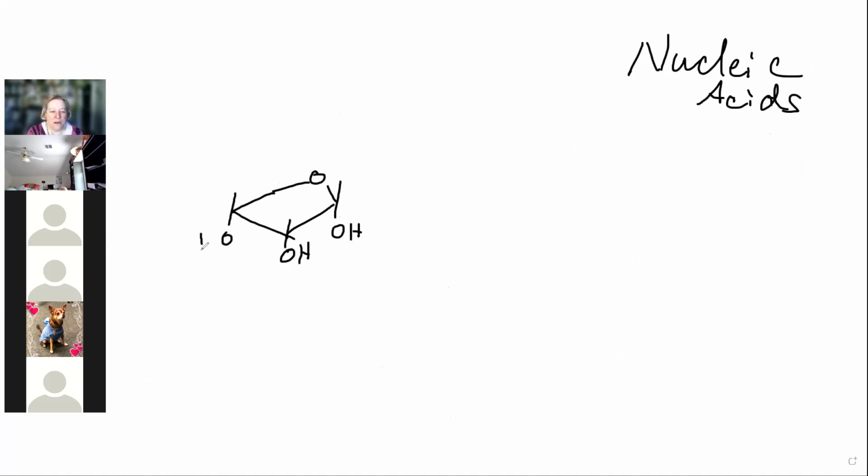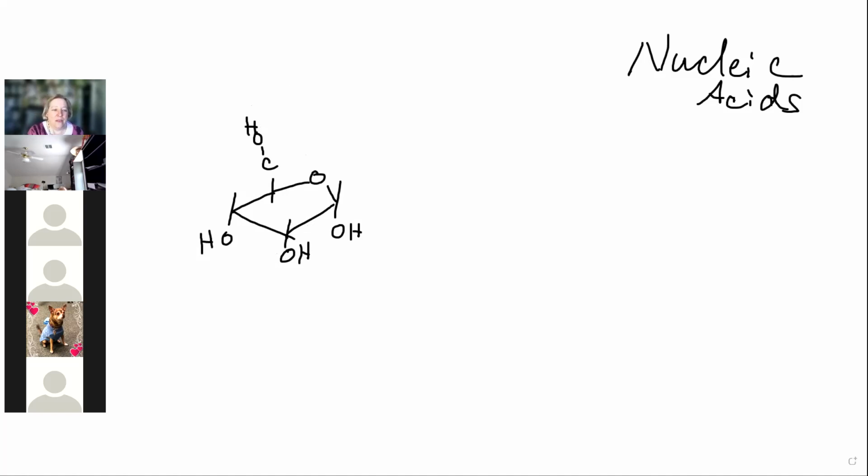Now remember, carbohydrates, I've got a bunch of sugars here. Or excuse me, yeah, this is a sugar. I've got a bunch of hydroxyl groups, a bunch of these water groups stuck on there.